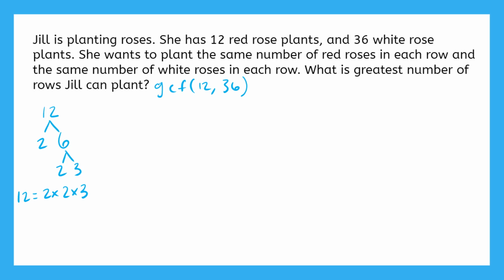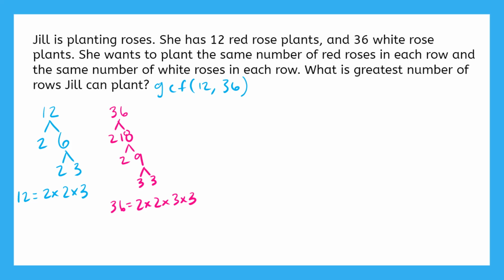Now I'll do my prime factor tree for 36. 36 is 2 and 18. 18 is 2 and 9. 9 is 3 and 3. So 36 is equal to 2 times 2 times 3 times 3.